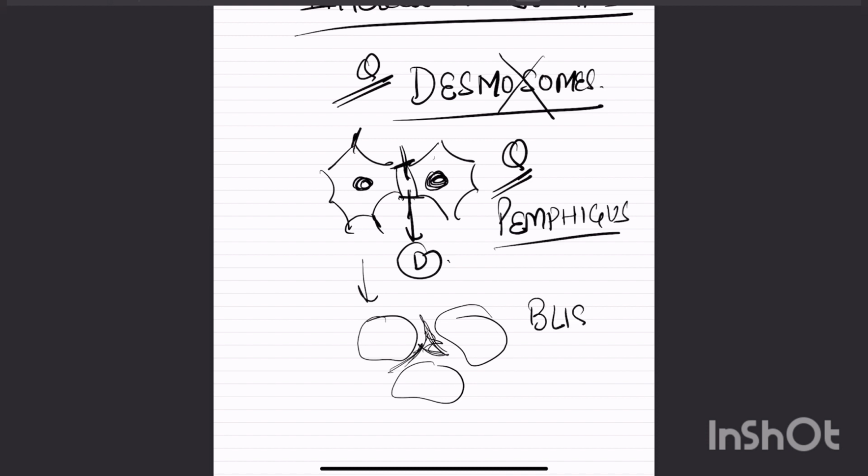This whole process is known as acantholysis. Very important question.